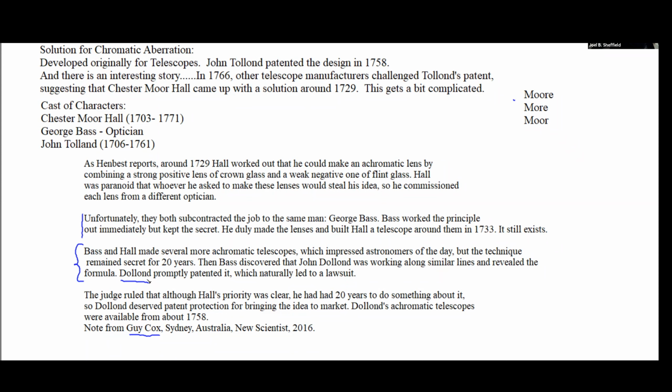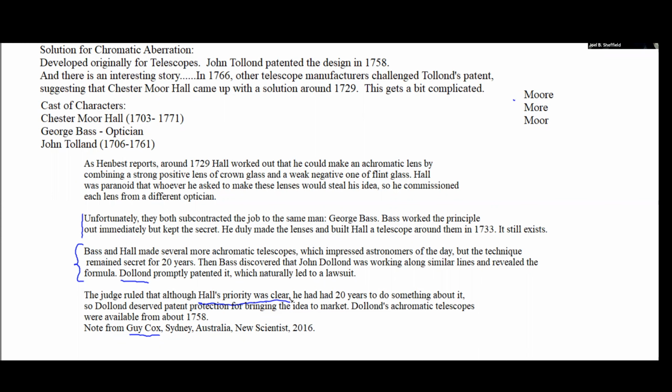And so they sued, and the end result of the suit turned out to be a very interesting one, in that the judge finally said that although it was clear that Hall had priority on this lens, since he really wasn't doing anything with it, the phrase from the judge is, if you leave it in your desk drawer, nobody cares about it and it's not being used, therefore you've given up some right to it.